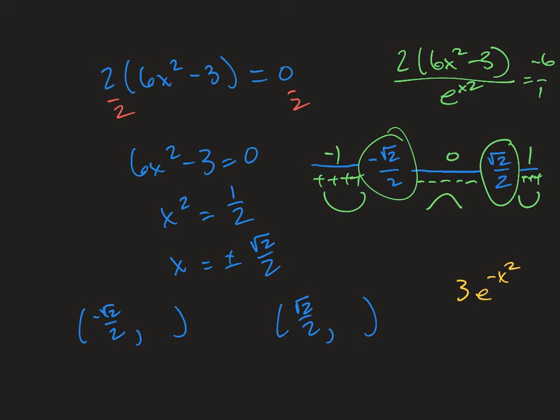The y values are going to be the same for both of these because when I square these two values, I get the same positive number, 1/2. So this is going to be 3e to the negative 1/2, which is 3 over the square root of e. So those are going to be our y values.